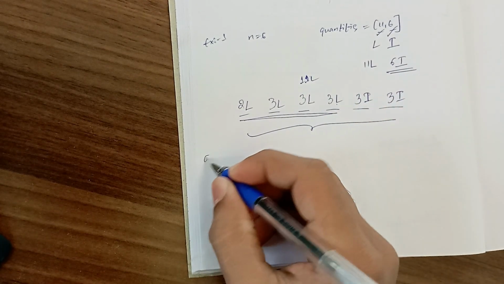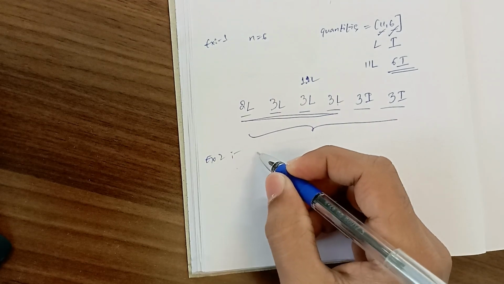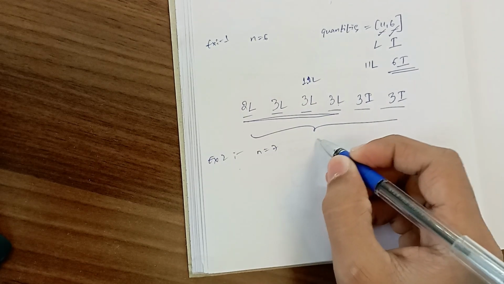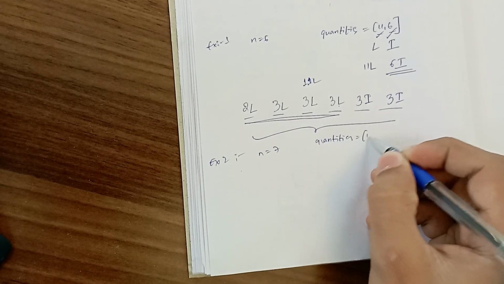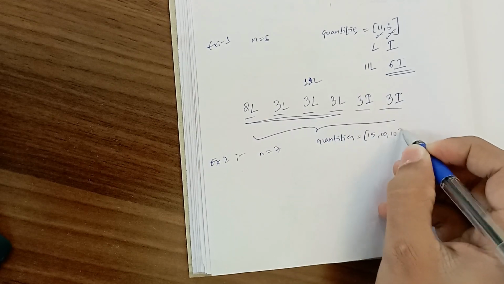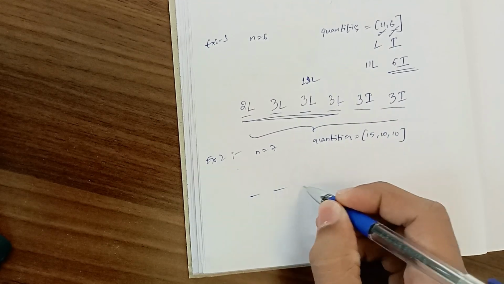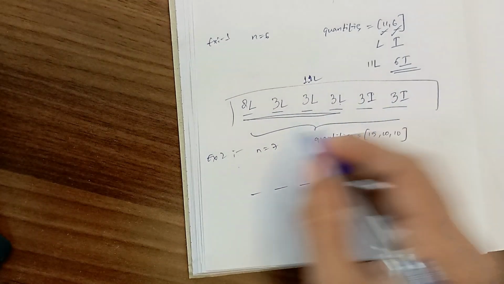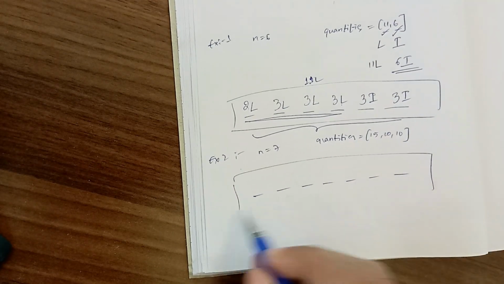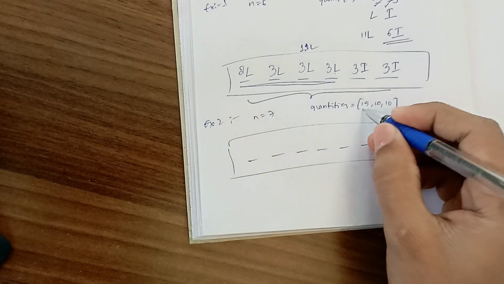We are given another example, n is equal to 7, and the quantities given are 15, 10, 10. So we have 7 stores. These are the stores, and we need to divide.